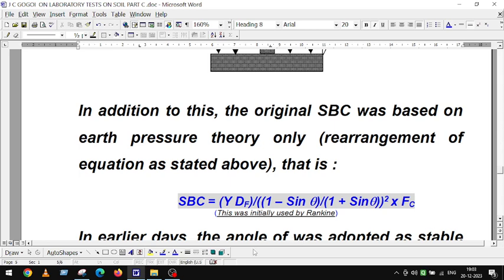We also use this SBC formula. This is the first SBC formula before Terzaghi.